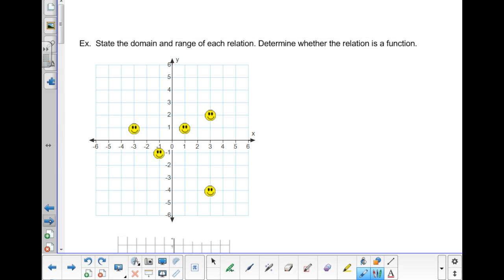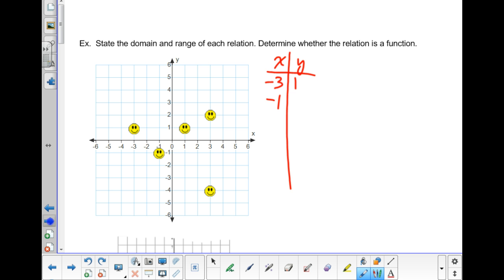All right, now let's take a look at the next idea. The next idea is if I actually graphed out those points on a graph. Suppose I was given these 5 points on a graph, and I wanted to state the domain and range of this. Well, there's a couple of ways of doing this. The way I'm going to do this is I'm going to list these out in an XY table. The first point on the left, and I typically go from left to right, would be -3 for the x and 1 for the y.